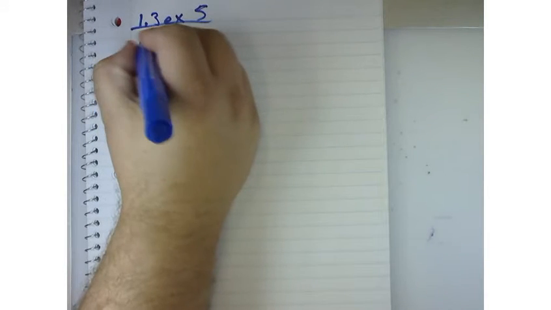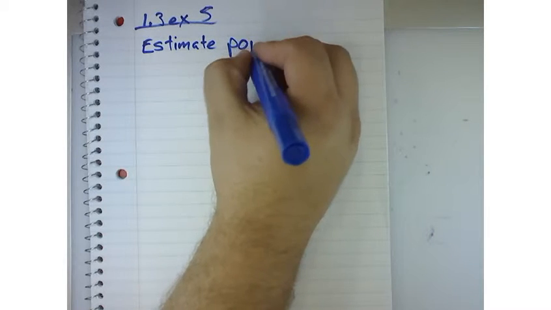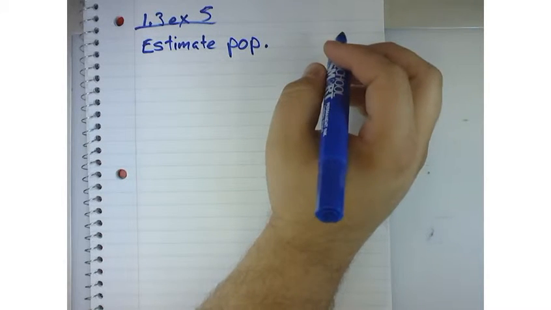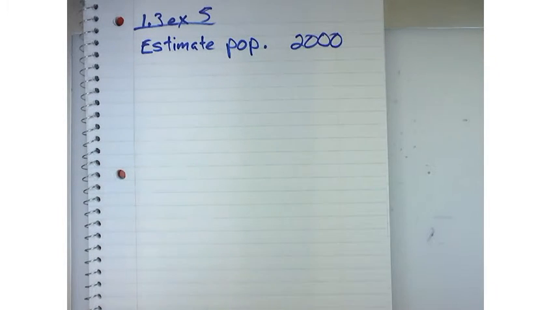I'm recording. So 1.3 example number 5 is a question on population data, and they want us to estimate the population for 2000. Now obviously this book was written before that, right?